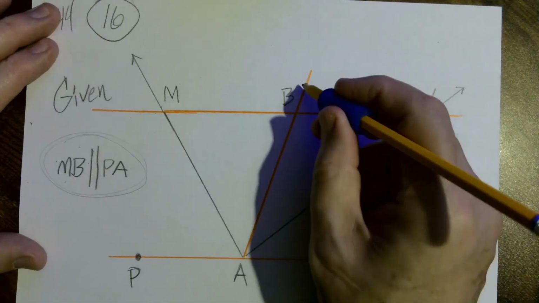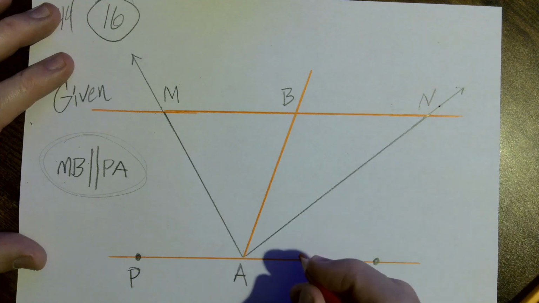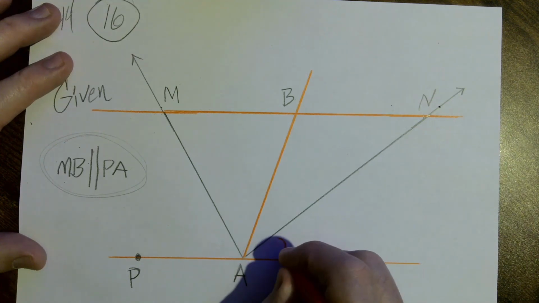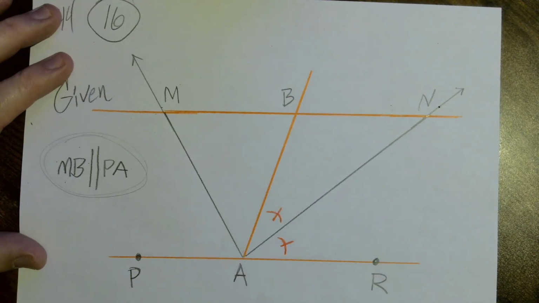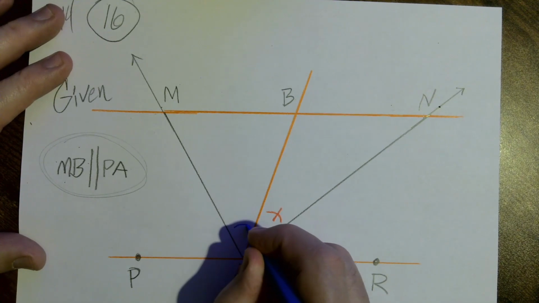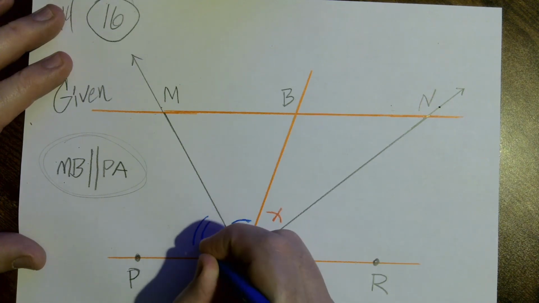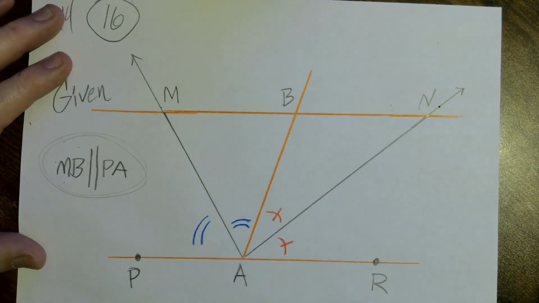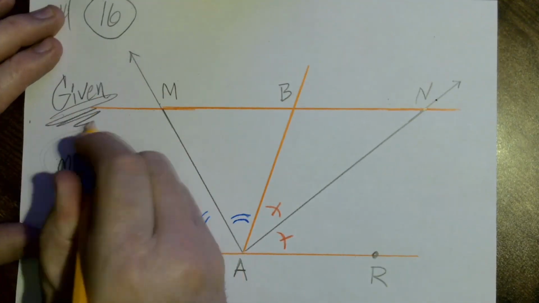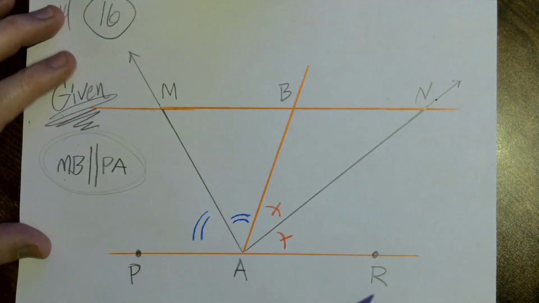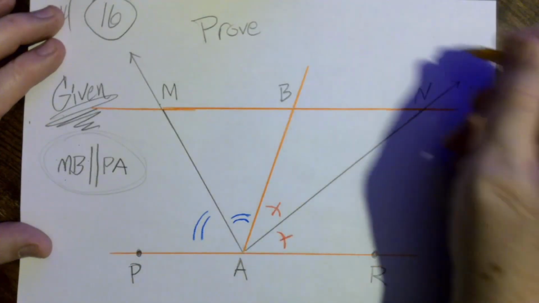And AN, this ray here, bisects this angle. So that means we have this and this are congruent. And we know that this and this are congruent. These are bisectors. We're given that. Given this stuff. Okay?